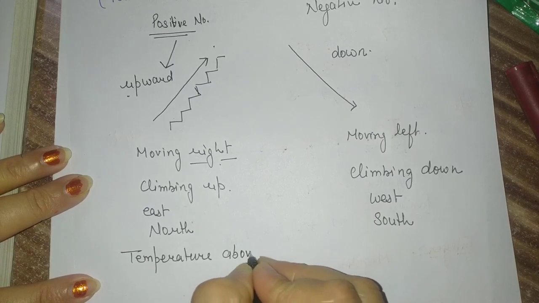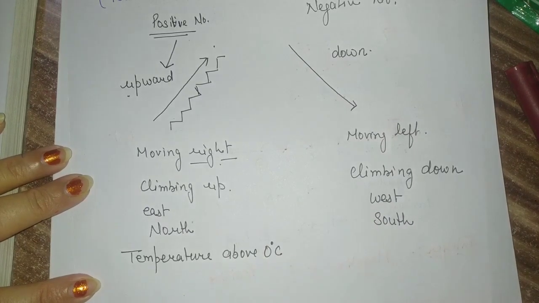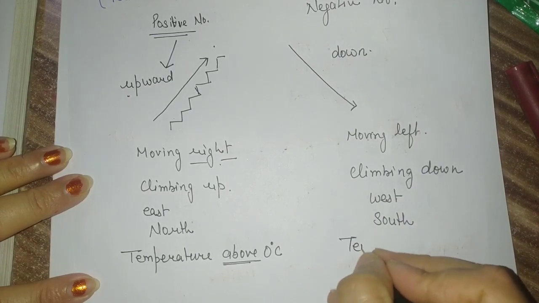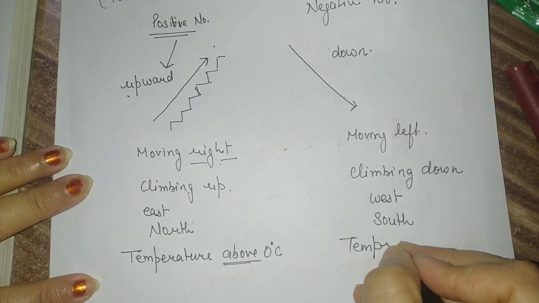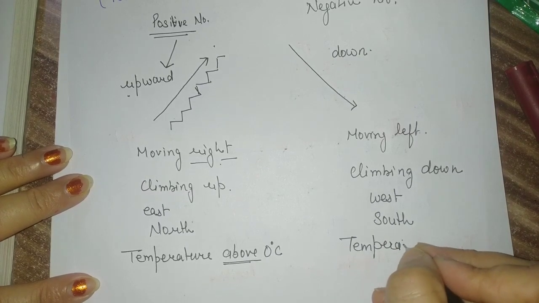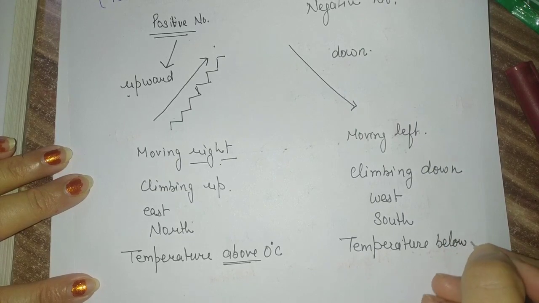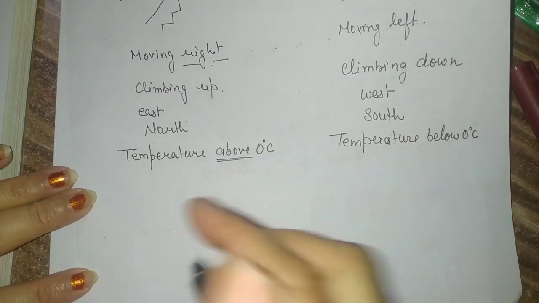Okay. If any temperature is above 0 degrees Celsius, that means positive. Above's opposite is below, so if the temperature is given below 0 degrees Celsius, that is a negative number. Okay, students? One more term.